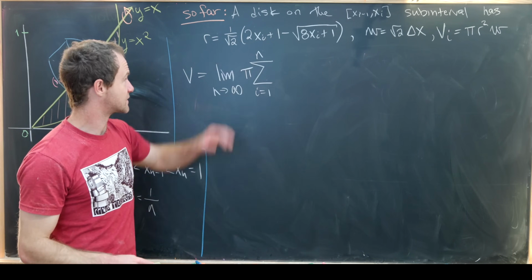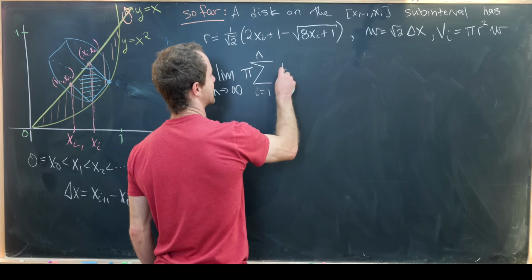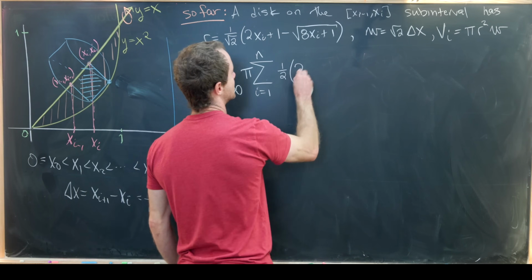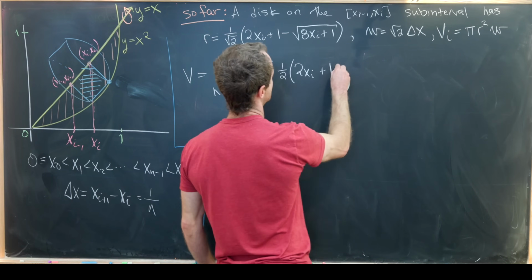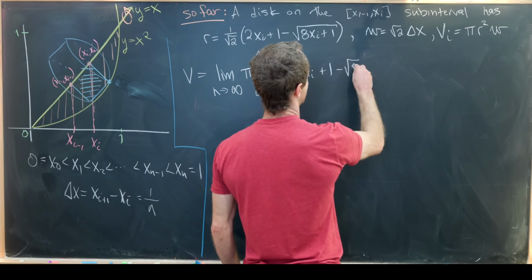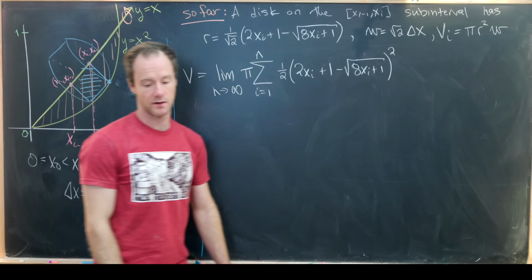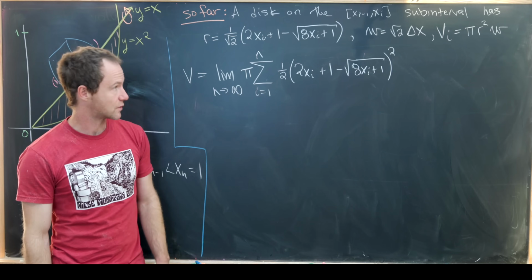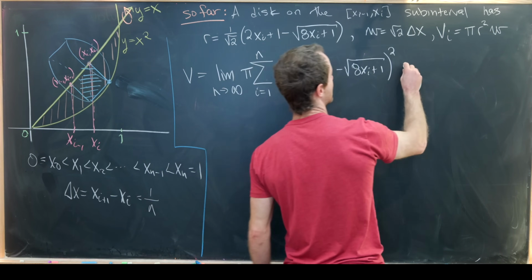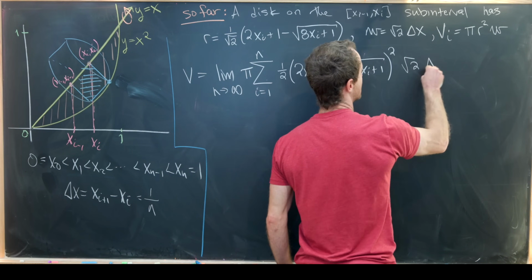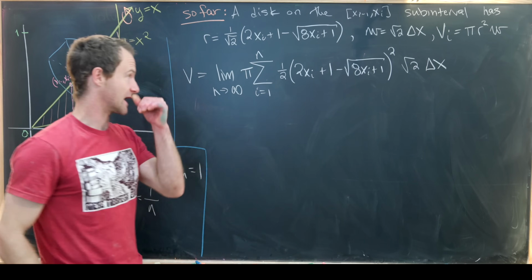And then we can take this radius squared. Notice that's going to give us 1/2, and then 2x_i plus 1 minus the square root of 8x_i plus 1, everything squared. Like I said, that's our radius squared. And then we'll have our width, which is the square root of 2 times delta x.